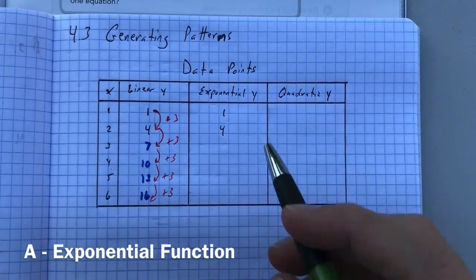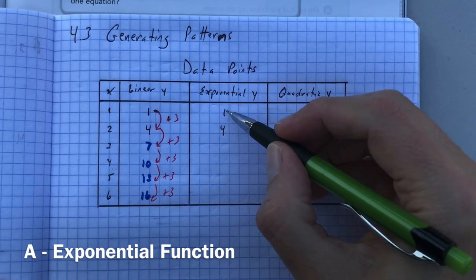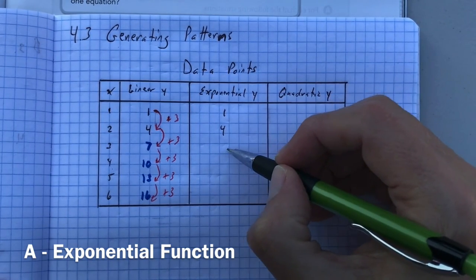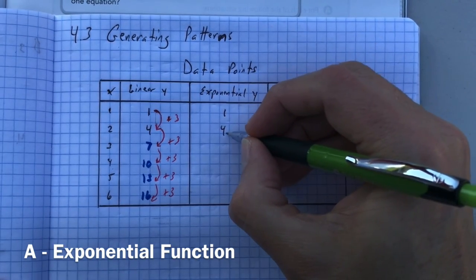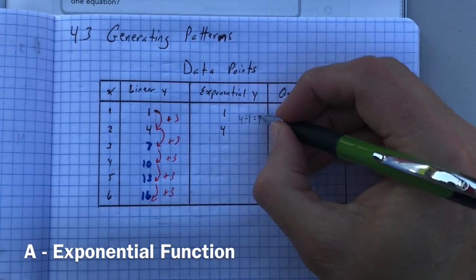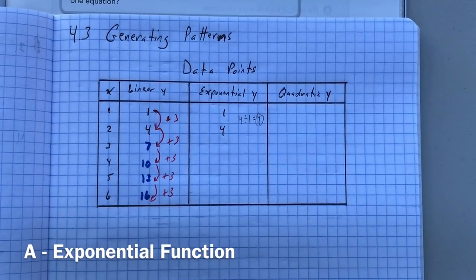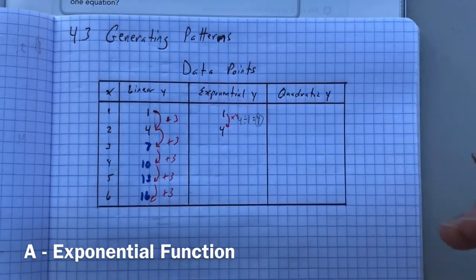When we're looking at the information for exponential, we need to make sure we remember that that means this number times something gives me this, and times something, and times something, and times something. But what we did is we realized, well, if we took this number divided by the number before, 4 divided by 1, we know we would get 4. And that 4 is what we would call our growth factor. So basically we're coming this way, and we're doing a times 4.